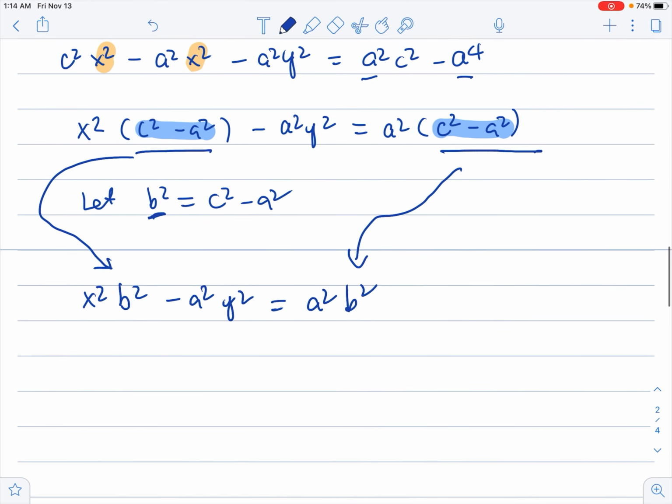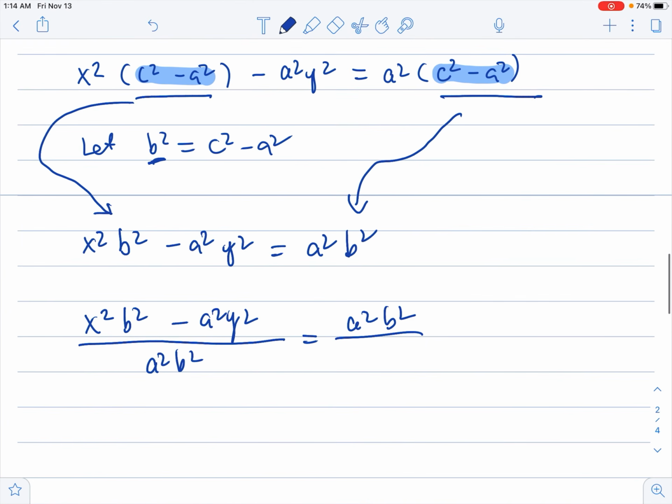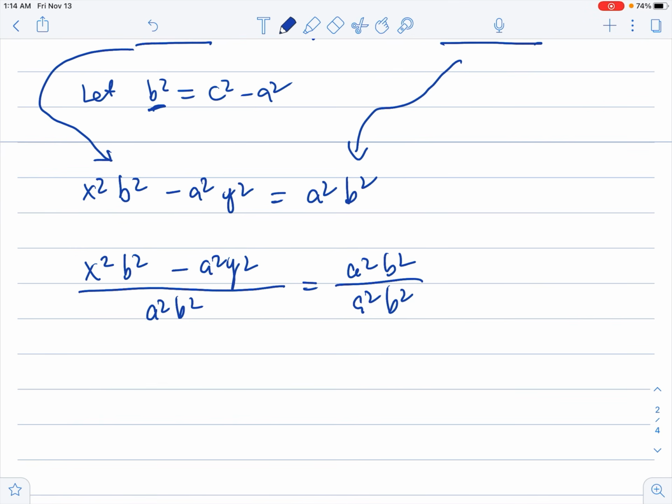Now, if I divide both sides by a squared b squared, so magiging (x squared b squared minus a squared y squared) divided by a squared b squared, this is equal to a squared b squared divided by a squared b squared. And this means that x squared b squared over a squared b squared minus a squared y squared over a squared b squared is equal to 1.